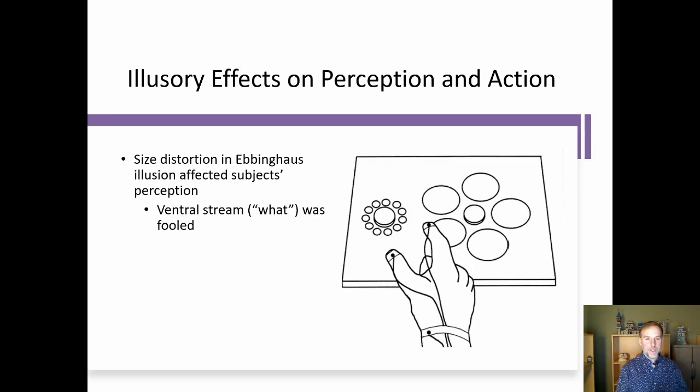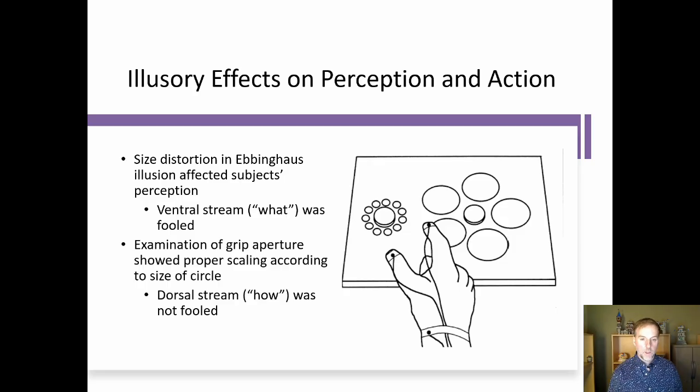So just to review, we have this size contrast illusion, here the Ebbinghaus illusion, and the ventral stream was fooled by the illusion. When we ask you, hey, how big are those middle things? Perception, the ventral stream, your what abilities are fooled. When we then say go pick them up, the dorsal stream takes over and your dorsal stream is not fooled.